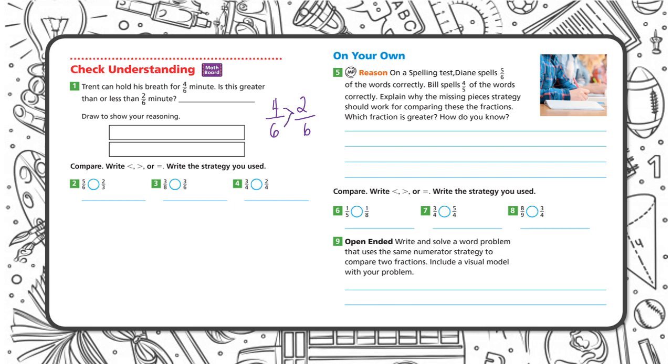So 4/6 is greater than 2/6. So draw to show reasoning. So let's draw our model just like our fraction bars that we finished working with, just to prove our point. And I'm going to separate each one into 6.